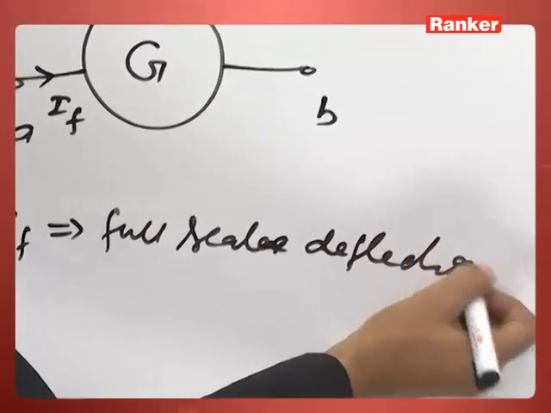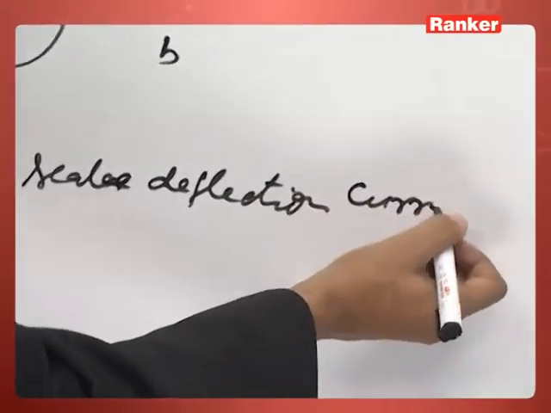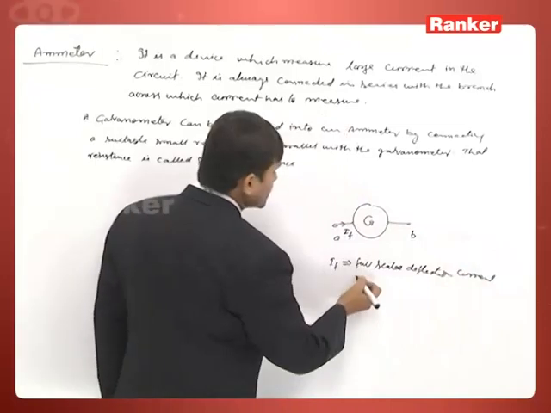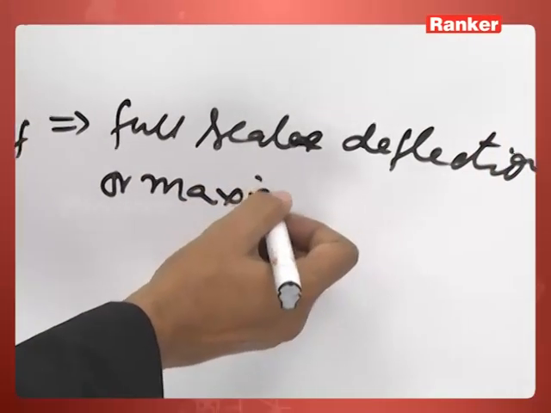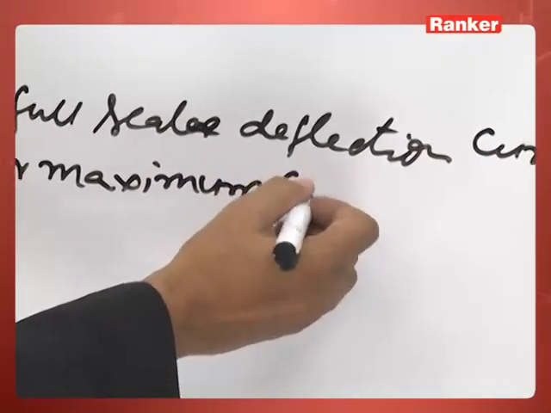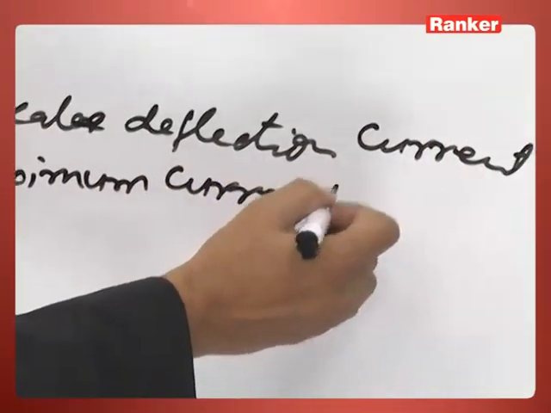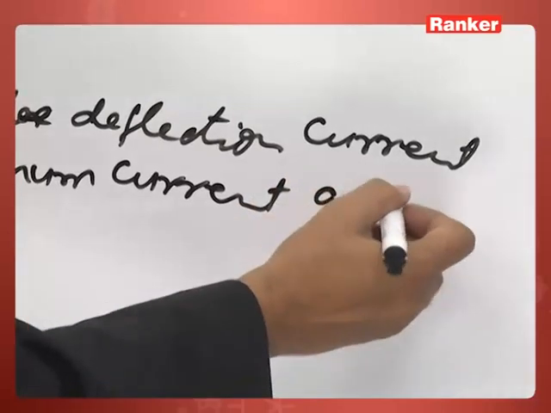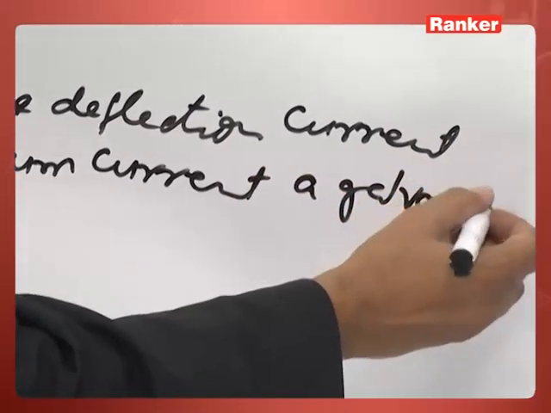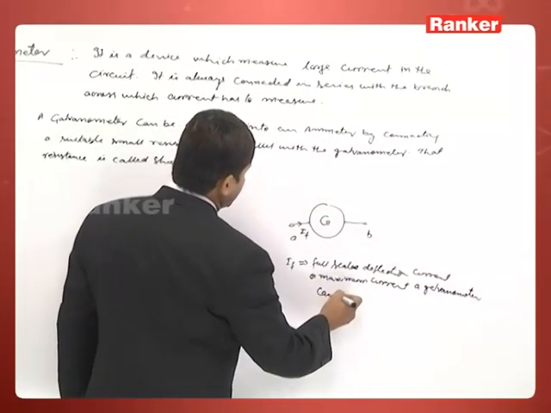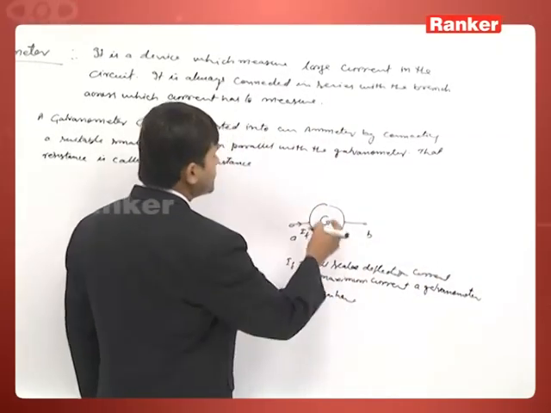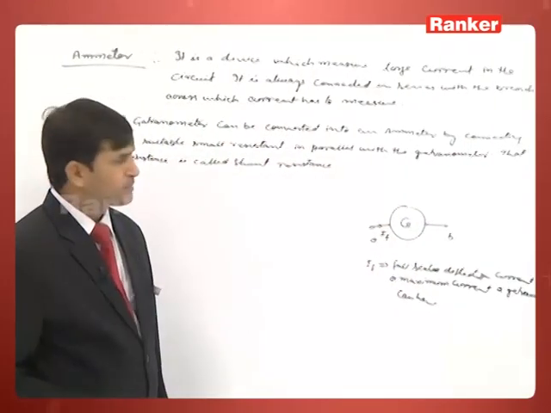Full scale deflection current. The meaning is that this is the maximum current a galvanometer can have. And G is the galvanometer resistance.